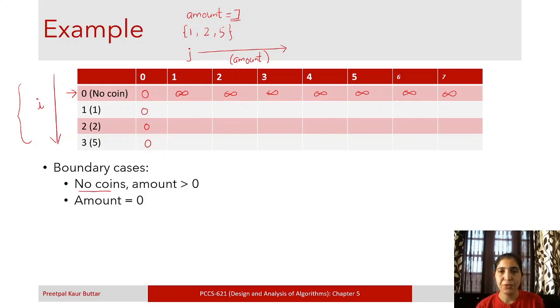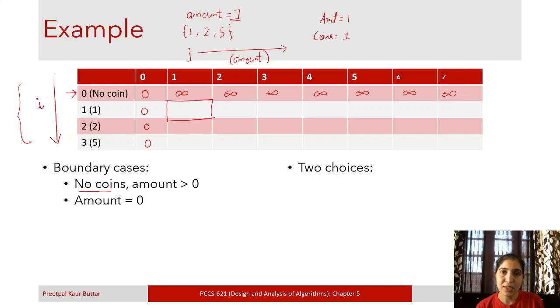And there is a method for it. What is the method? For each subproblem, right? Let us take this subproblem. What is this subproblem? It is saying that you have to make amount equal to 1, and here you have coins, you have one coin and it is a 1 rupee coin.